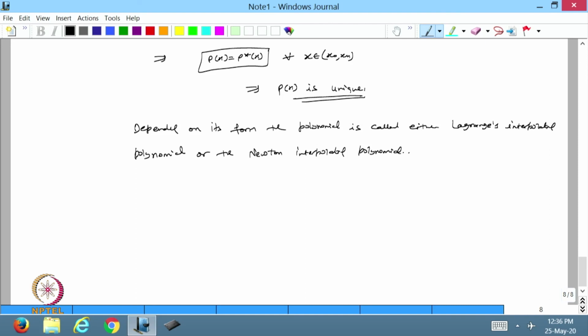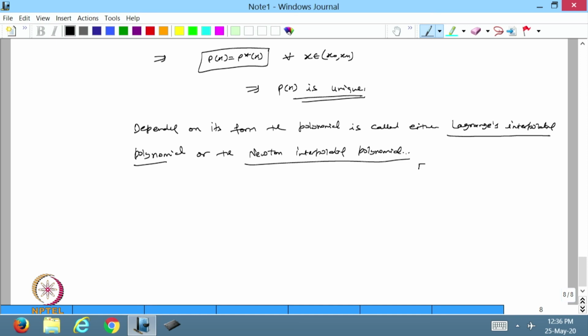We know that the polynomial will be unique, but depending on the form, these polynomials have two categories: either it will be a Lagrangian interpolating polynomial or a Newton interpolating polynomial. We will discuss in the coming lectures the meaning of the Lagrangian interpolating polynomial and the Newton divided difference polynomial, because in this case we are taking mesh points which are not equispaced.